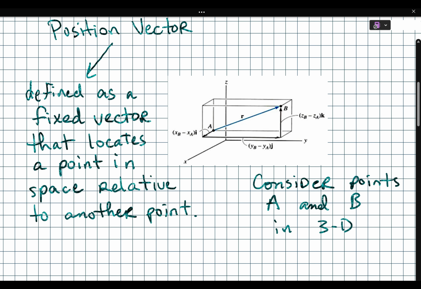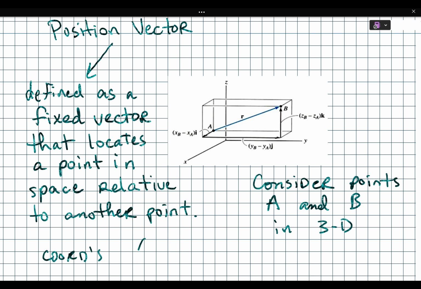So we let their coordinates be x sub A, y sub A, z sub A, and we'll also say x sub B, y sub B, and z sub B, respectively.